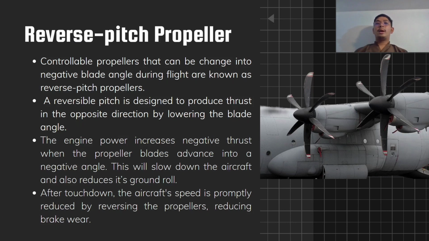So the only explanation for the reverse pitch propeller is that it can turn into a negative angle, therefore reversing the whole pitch of the blades. Therefore, once reversed, the thrust also reverses.